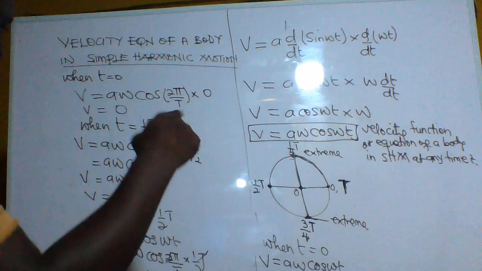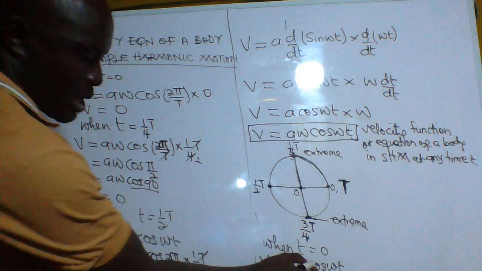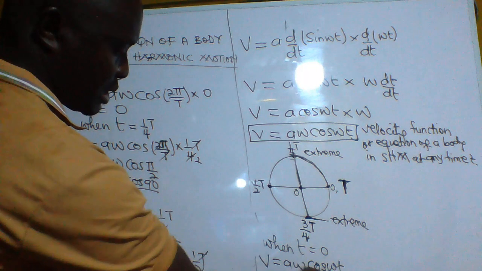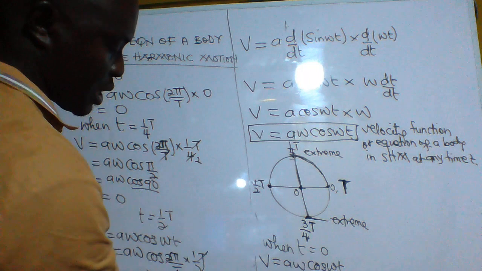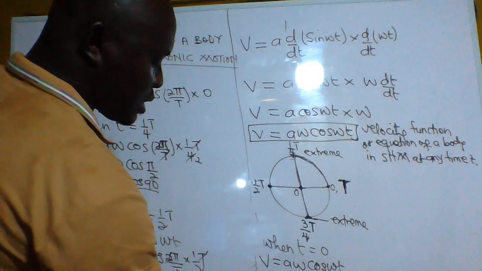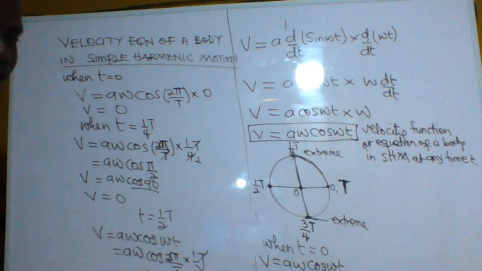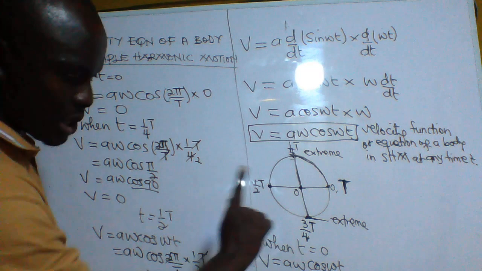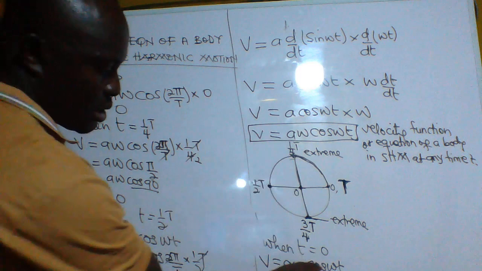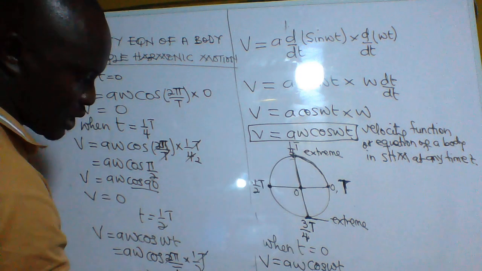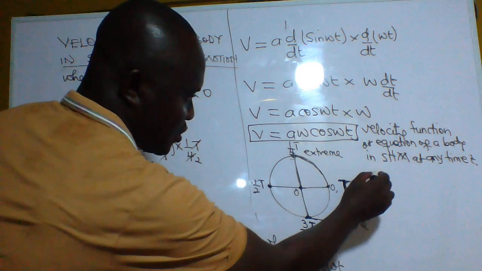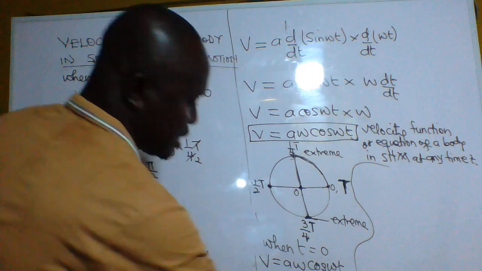Please, let's take note of this. I think we made a mistake in generalizing this to be equal to 0. Since cos 0 is equal to 1, cos 0 is equal to 1. So please let's look at where I think we made a mistake over there, and let's quickly correct it. It has just come to my realization.